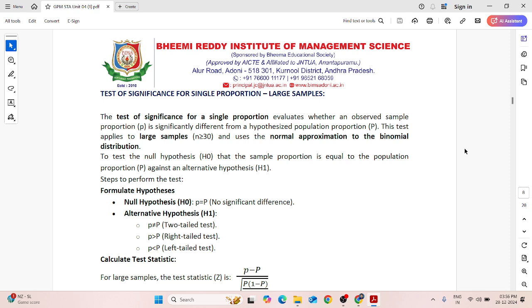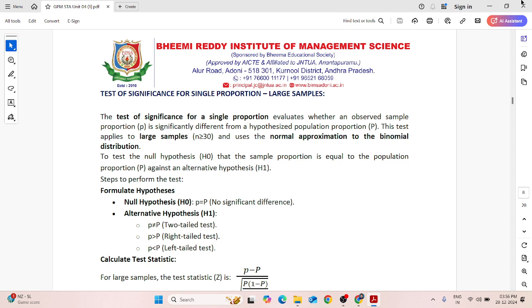In the previous video we have seen the testing of hypothesis for large samples and small samples, the test of significance for proportions, when we take a single proportion using large samples where n is greater than or equal to 30.